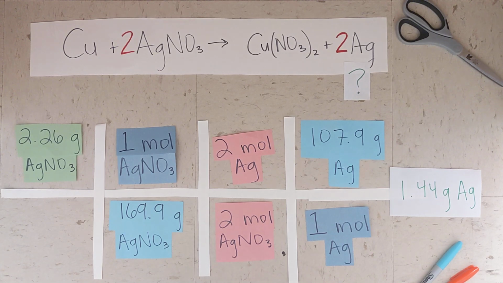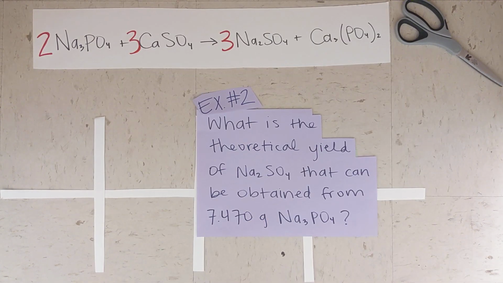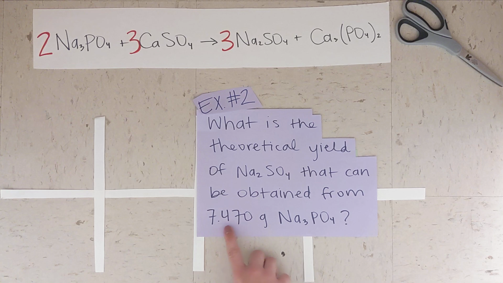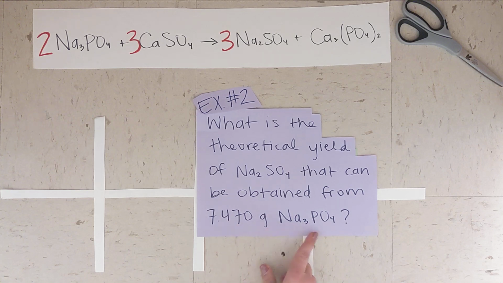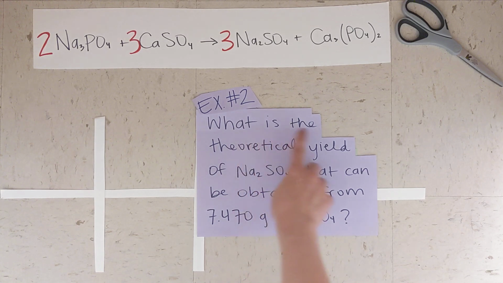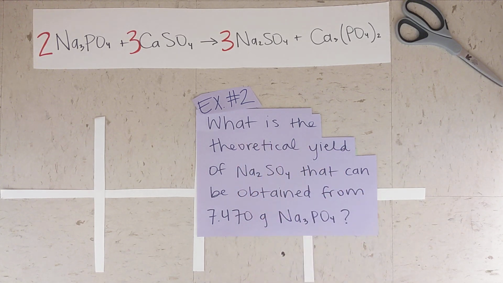Now let's look at a second example. Here's example 2. What is the theoretical yield of Na2SO4 that can be obtained from 7.470 grams Na3PO4? This one looks a little bit different because it says, what is the theoretical yield? Theoretical yield just means we're going to be finding the grams of this substance. So let's get started.